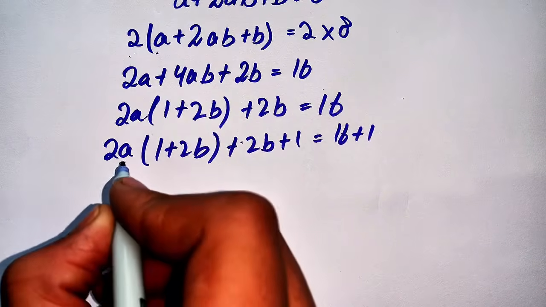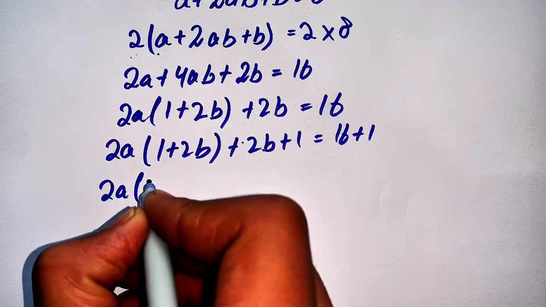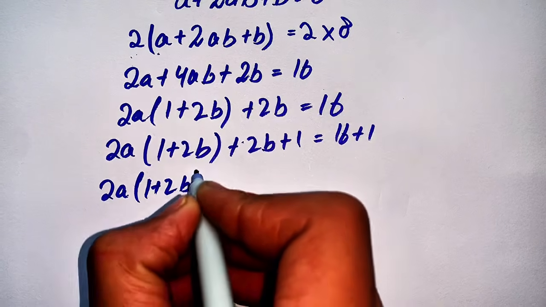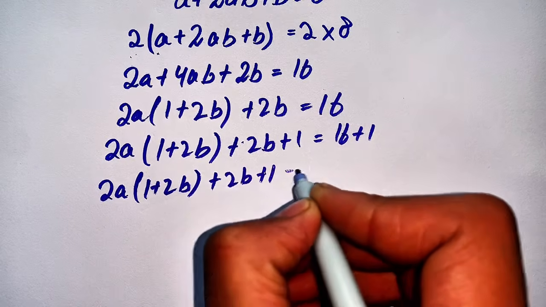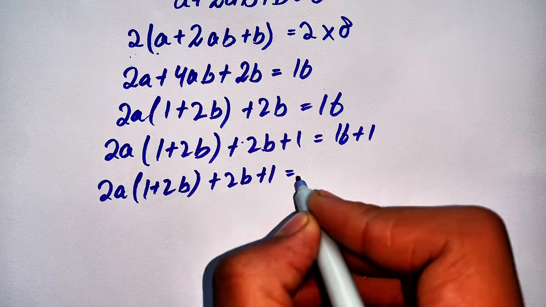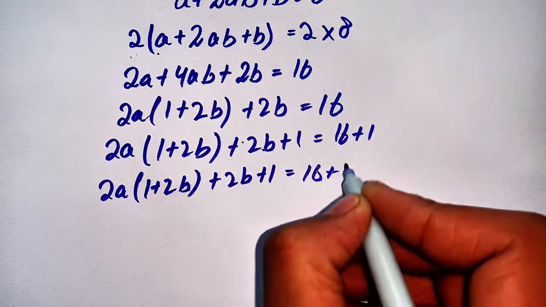In the next step, 2a into 1 plus 2b plus 2b plus 1 is equal to 16 plus 1.